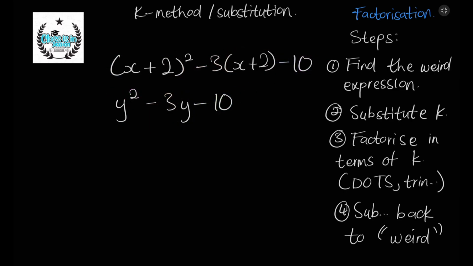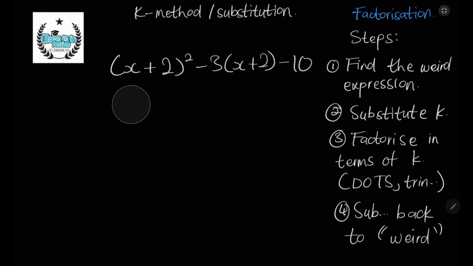So instead of multiplying out the brackets, which will create a very long and messy polynomial that is hard to factorize when you start from top to bottom, we temporarily hide the complicated bracket by replacing it with a single letter, usually k.